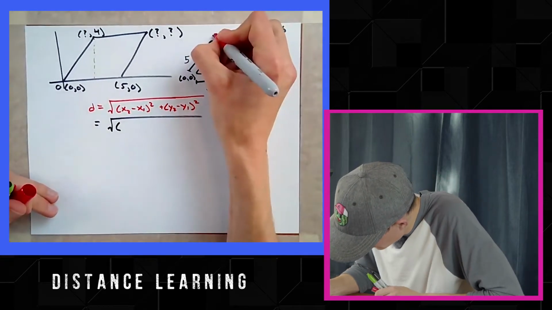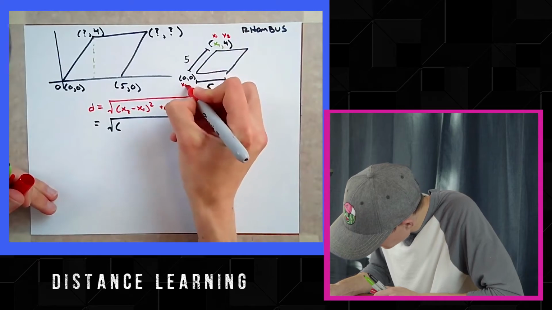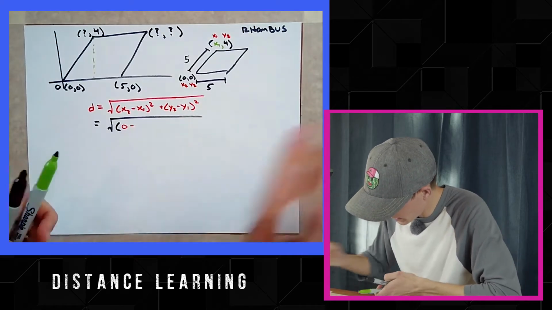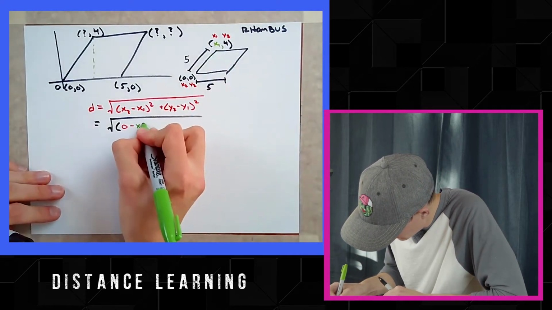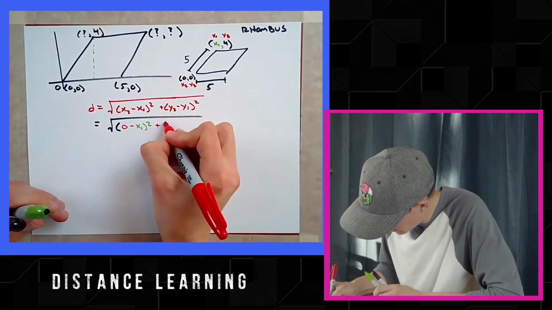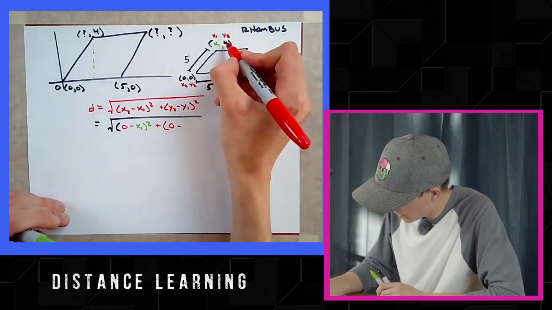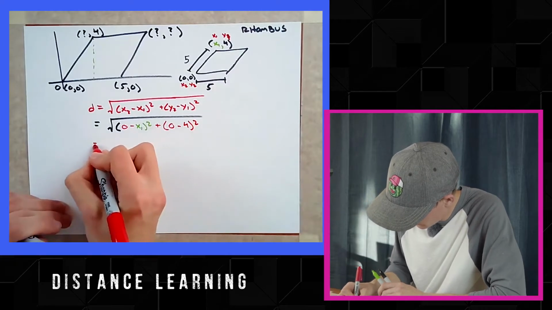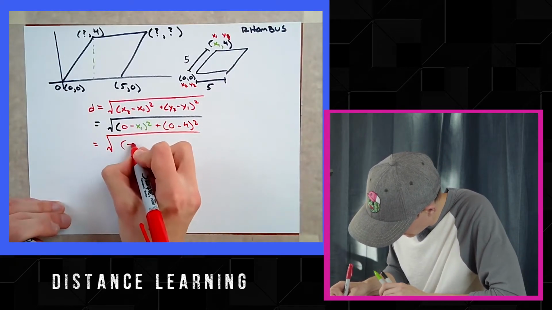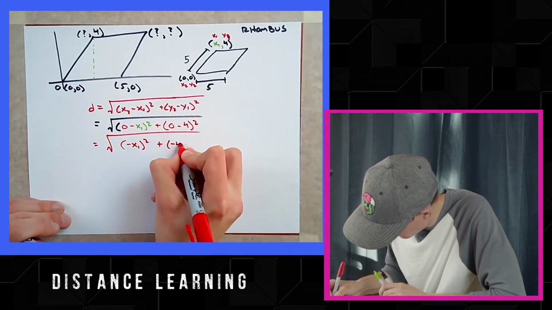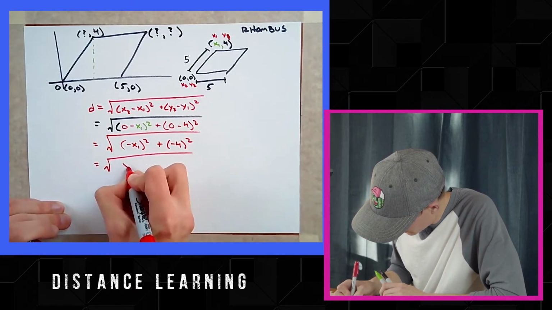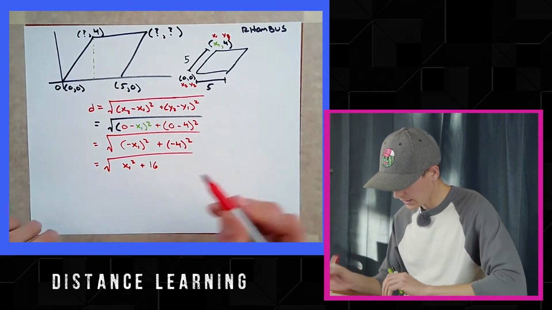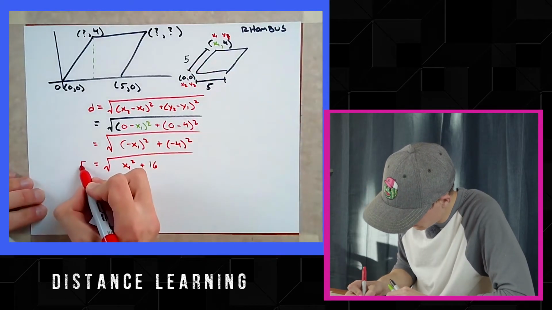Fine. x1, y1, and x2, y2. So, if I do x2, 0, minus x1 squared plus y2, 0, minus y1, 4, squared, you get negative x1 squared plus negative 4 squared equals x1 squared plus 16. However, that distance should equal 5.